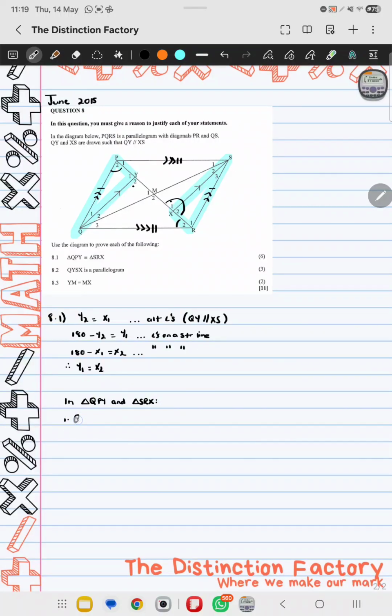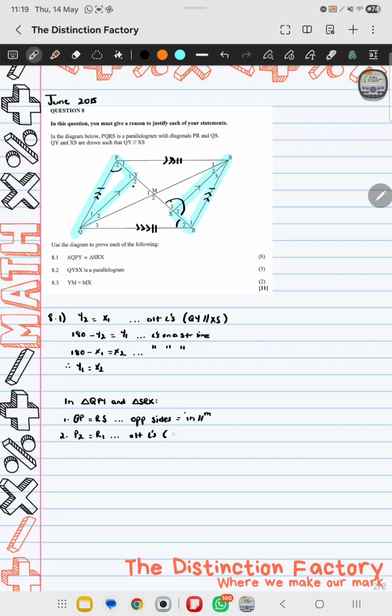So we're going to say QP is equal in length to RS. Opposite sides equal in a parallelogram. The second thing is that angle P2 is equal in size to angle R1 because they are alternate angles.